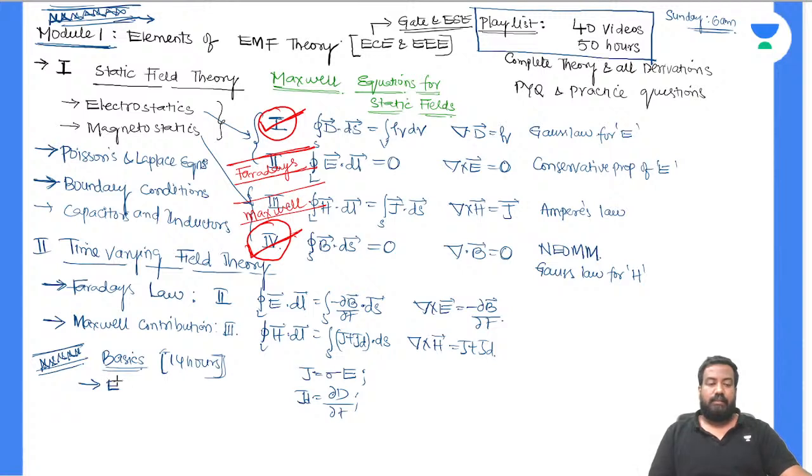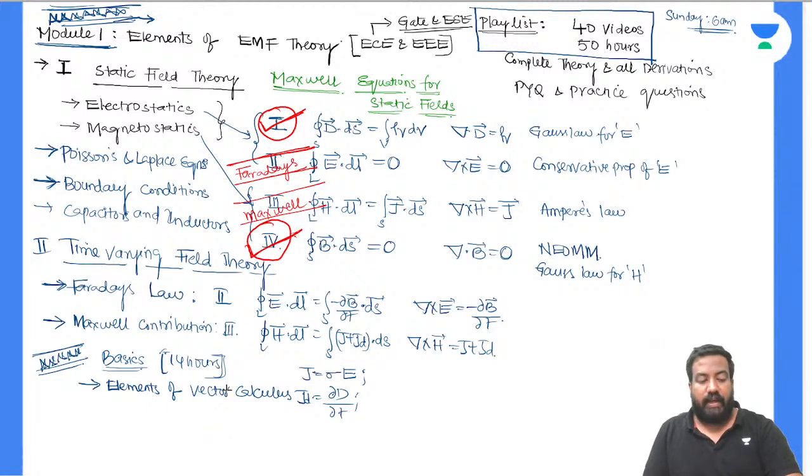In basics we had discussed elements of vector calculus, where we have discussed addition of vectors, subtraction of vectors, multiplication of vectors, and properties of vectors. This we have discussed under elements of vector calculus.